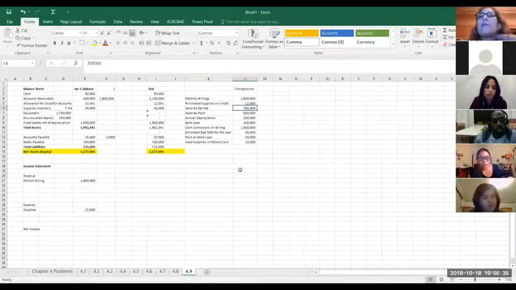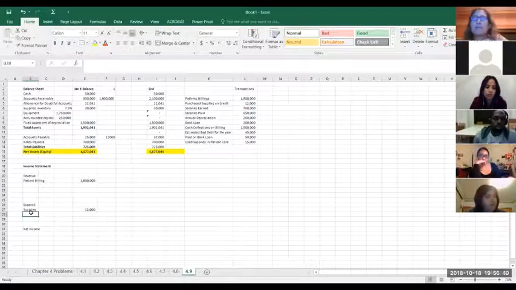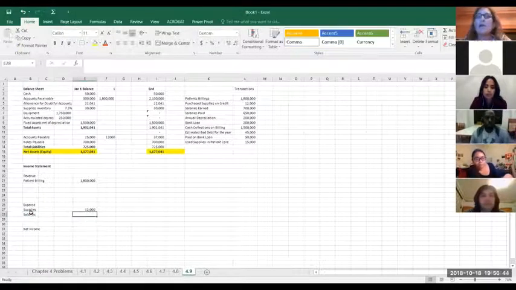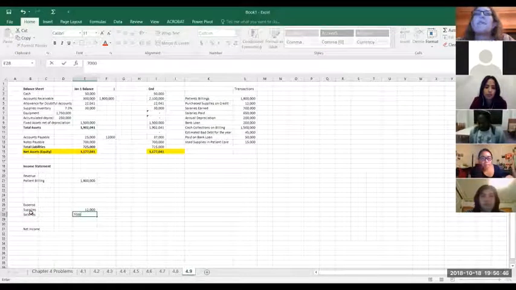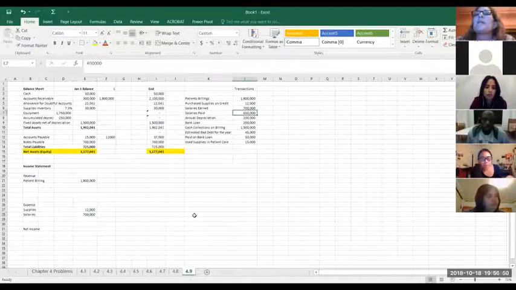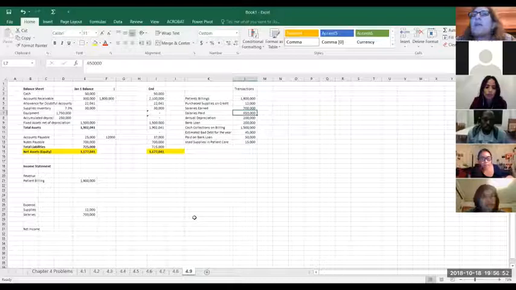So then we have salaries, okay? So we have salary expense. Let's put that down here. So salaries, we owe 700,000 in salaries. Okay, but then what does this say? It says we only paid 650 in salaries.